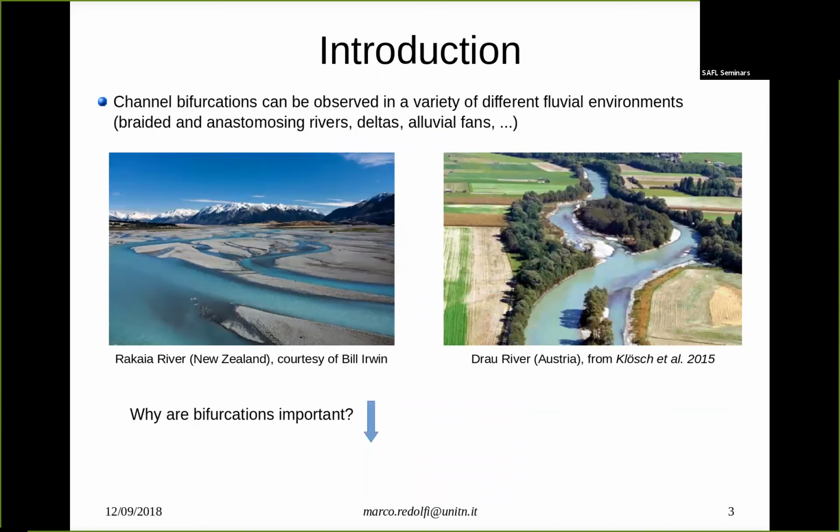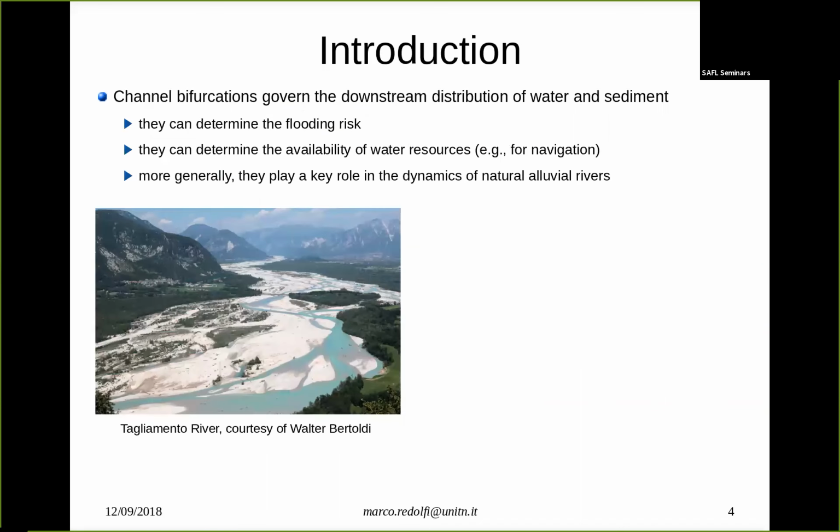Channel bifurcations can be observed in a variety of fluvial environments: braided rivers, anastomosing rivers, deltas, alluvial fans. They are important because they govern the downstream distribution of water and sediment.